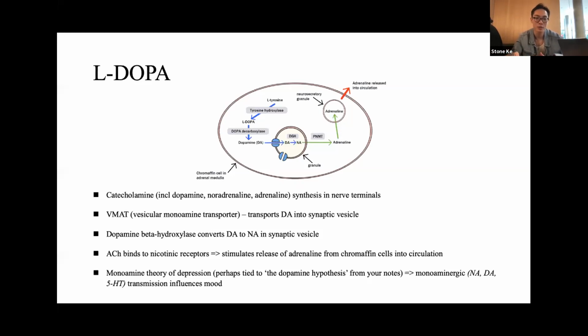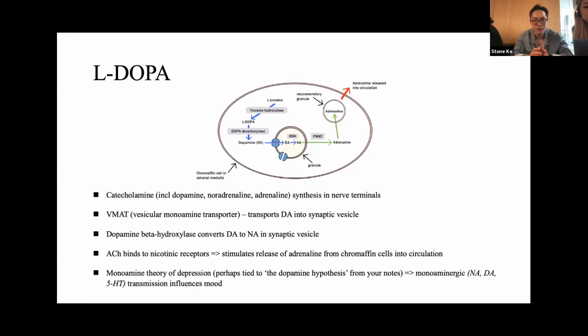It's pumped in through vesicular monoamine transporters into the synaptic vesicle, where the enzyme dopamine hydroxylase converts dopamine to noradrenaline, which will then exit the synaptic vesicle if this is in the adrenal glands, the chromaffin cells. Then the PNMT enzyme, whose full name you don't need to know, converts noradrenaline to adrenaline, and that can be exocytosed.